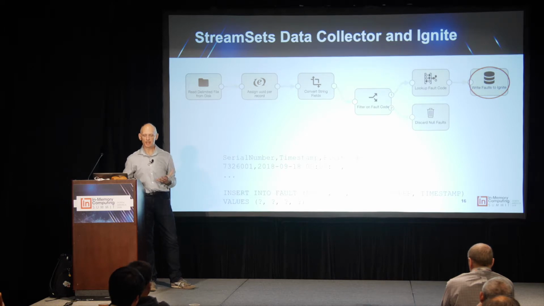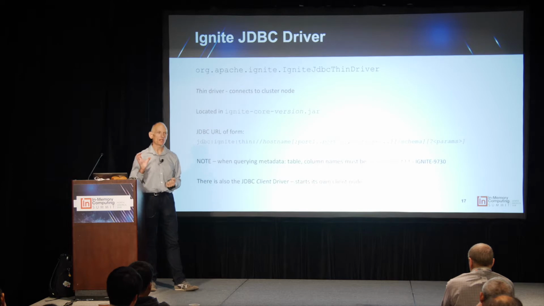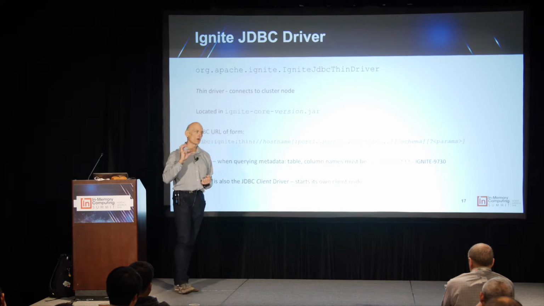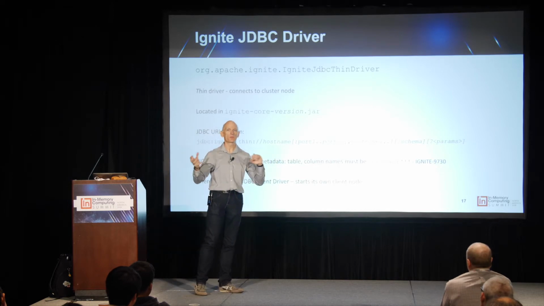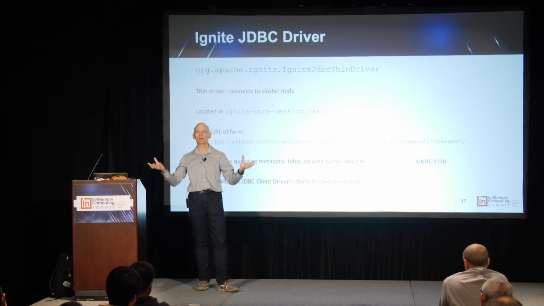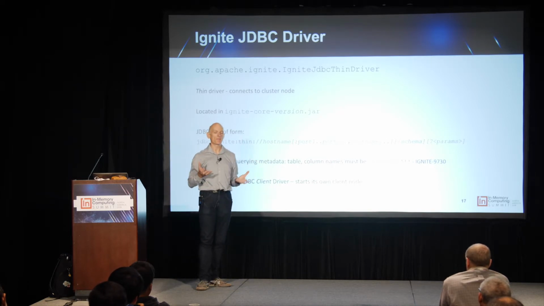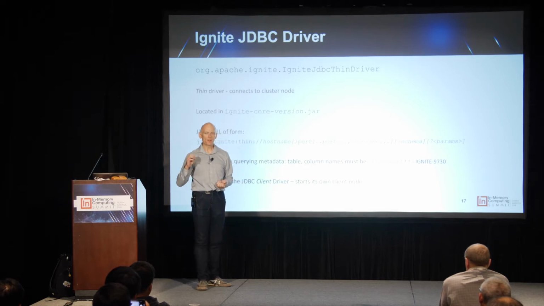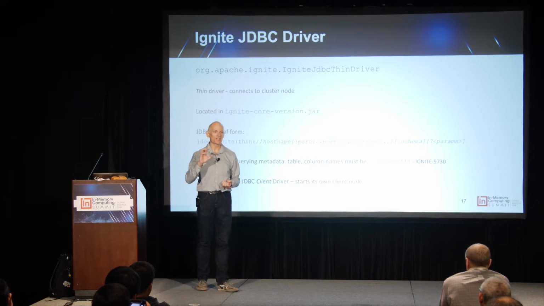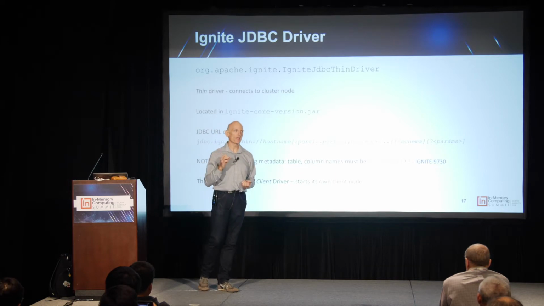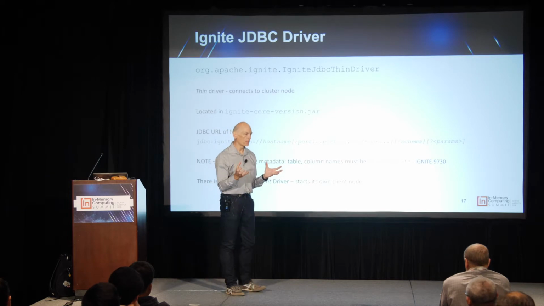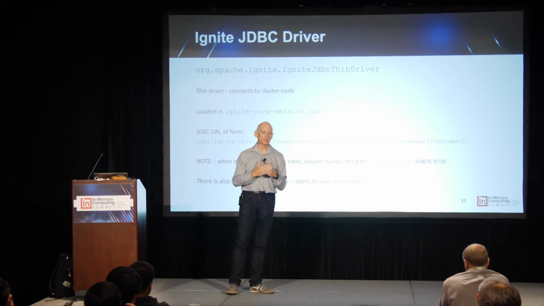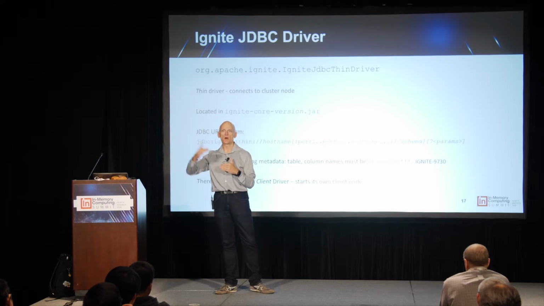But the key ingredient here was the Ignite JDBC driver. So for loosely coupled Java applications that know how to work with relational databases in a very generic way, JDBC is basically the mechanism. Now, guided by the documentation, I picked up the thin driver. So the thin driver is essentially a very lightweight handful of classes that communicate with the cluster via a wire protocol.